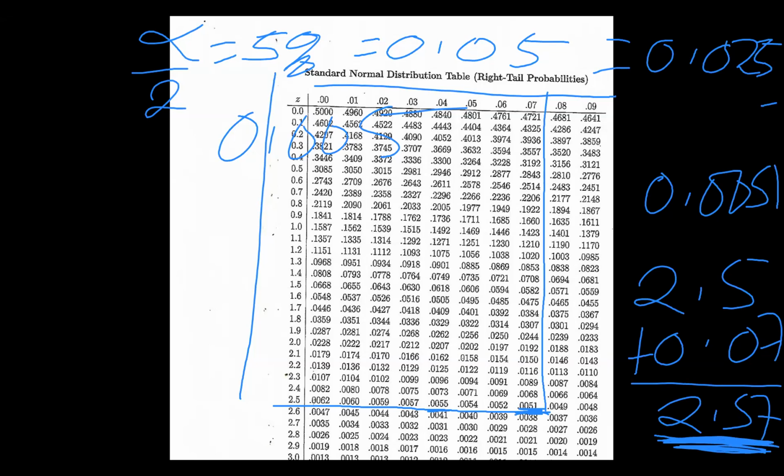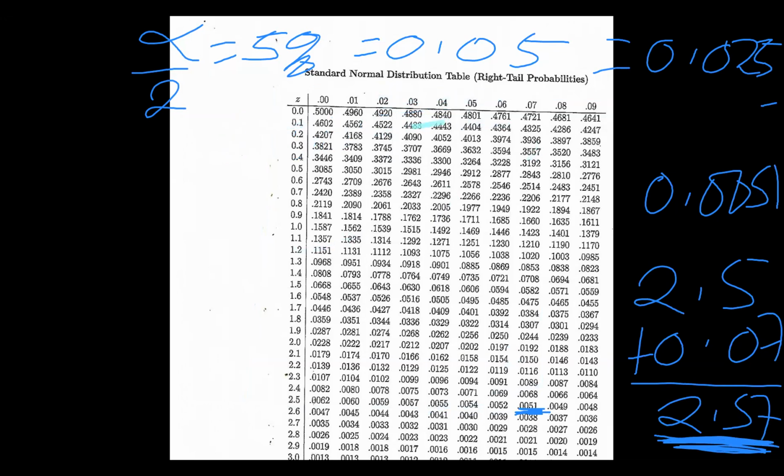Are you able to see what we are doing now? If you divide this by 2, it will be 0.025, right? So now let me show you how to get the critical values. Number one, if alpha was double tailed, you get this 0.025, isn't it?